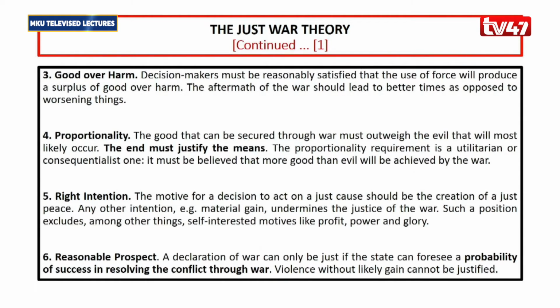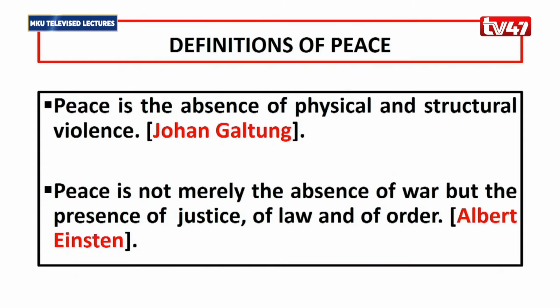So a declaration of war can only be just if the state can foresee probability of success in resolving the conflict through war. So violence without likely gain cannot be justified. So it's not a matter of just trying. War is not trying. When you declare a war, you need to be sure that maybe 75% you believe that you're going to win that war.